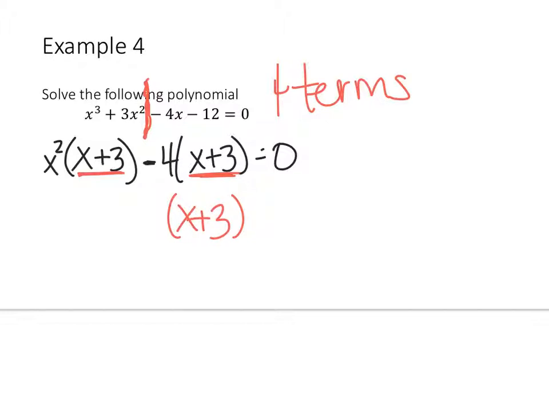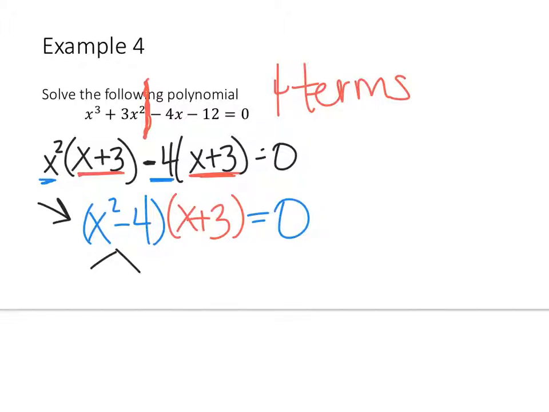My other factor comes from the 2 pieces that I am multiplying to x plus 3. I'm multiplying an x squared and a negative 4. And of course, if you recognize here, x squared and negative 4 are both perfect squares. So this will break down to x plus 2, x minus 2.